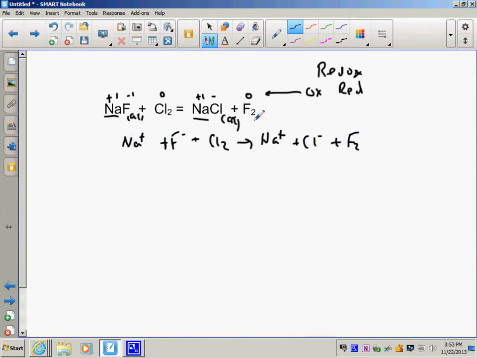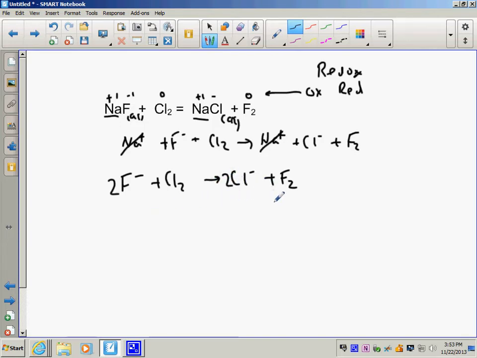It seems complicated at first, but if you do a couple examples, you'll see they're very similar. In this case, the sodium does not change, so this is the spectator ion. The F negative plus chlorine gas yields chloride ion plus fluorine gas. Okay, just to make sure they're balanced on both sides, I'll have 2 of these guys and 2 of those guys.